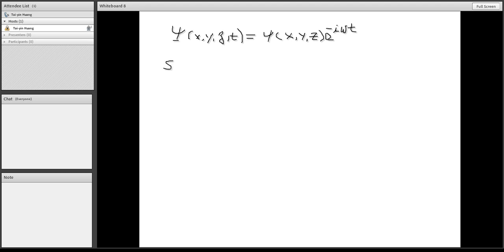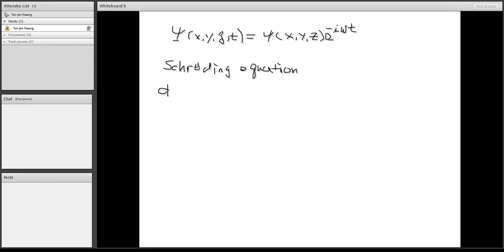Let's look at the most simplified case, which is one-dimensional and time-independent. The equation is this.